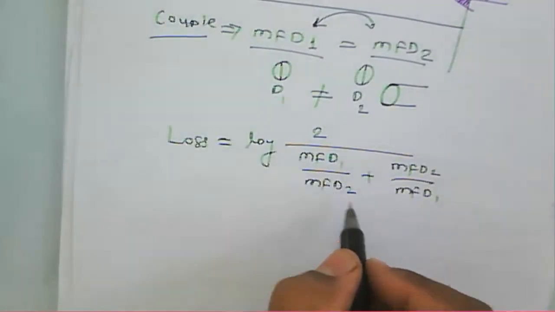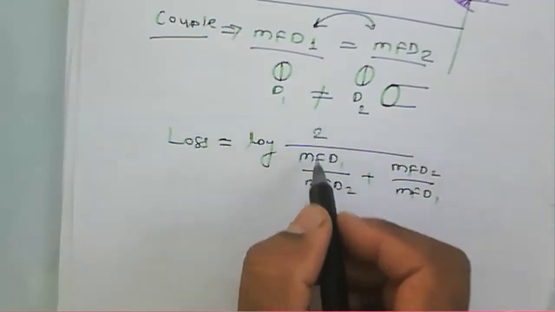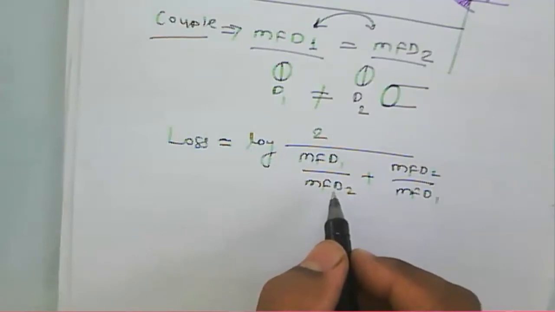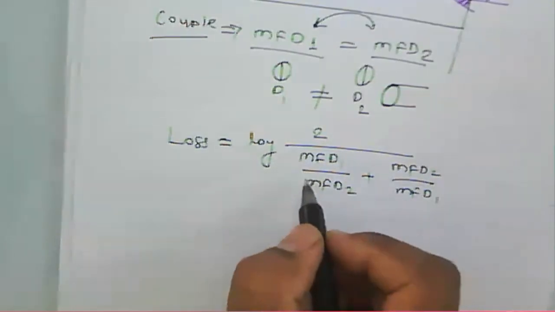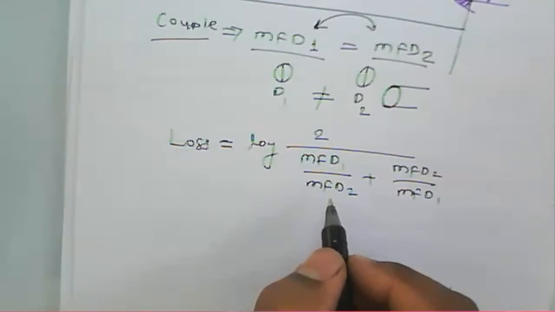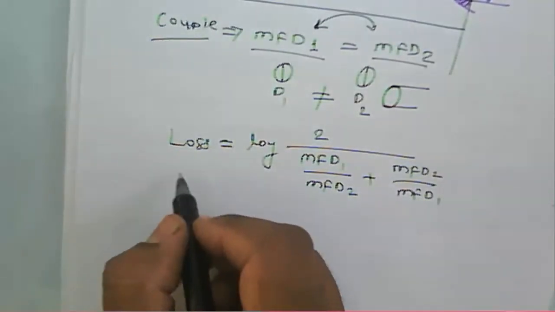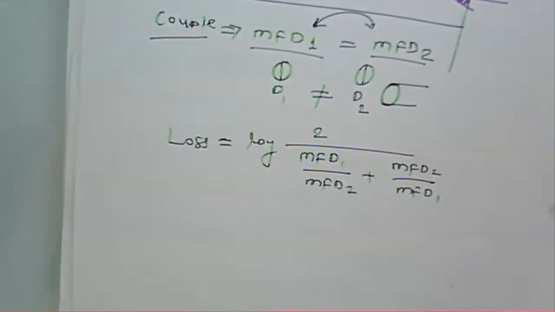So if the mode field diameters are equal, then 2 by 2 is 1, and the logarithm will be 0 here. So the loss will be 0.